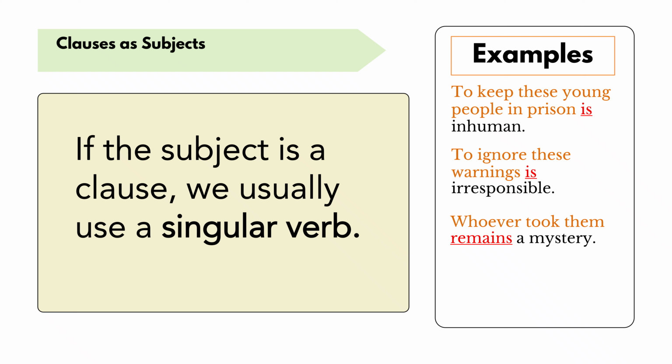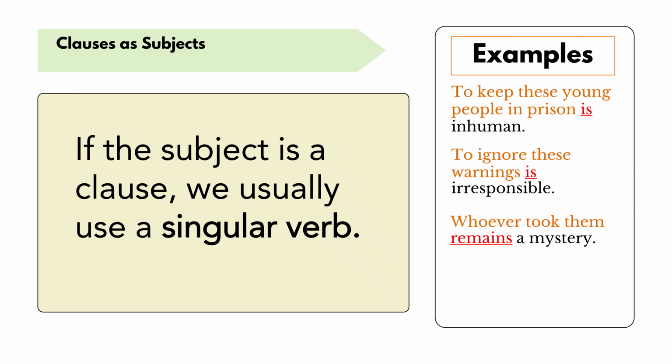To ignore these warnings is irresponsible. Now someone might say warnings, so are. No, you have to be careful because we're talking about the act of ignoring these warnings. This is irresponsible. Whoever took them remains a mystery.